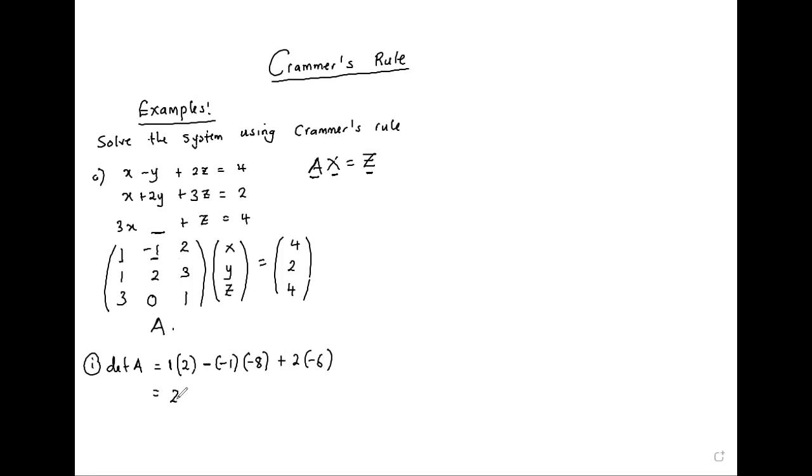So this is 2 minus, we get plus, minus, we have a minus, and then -12. So this is -20 plus 2, which is -18. This is the determinant of A.